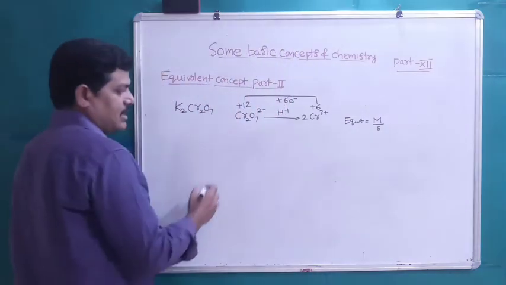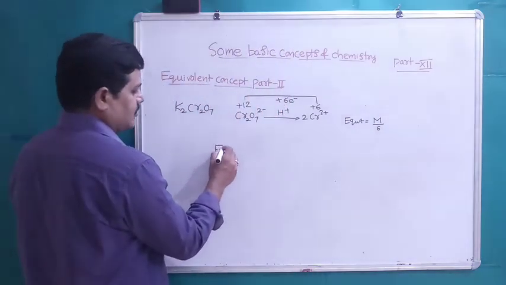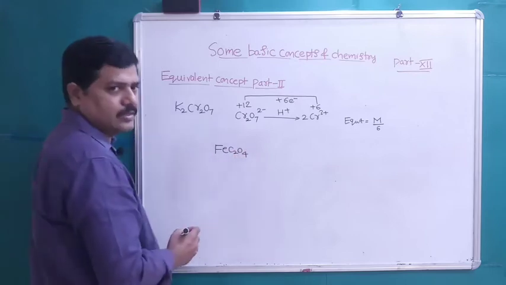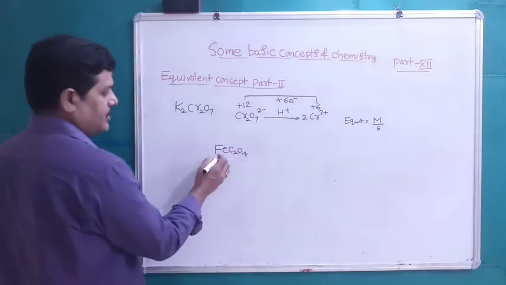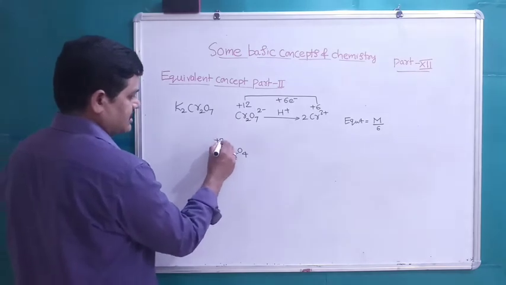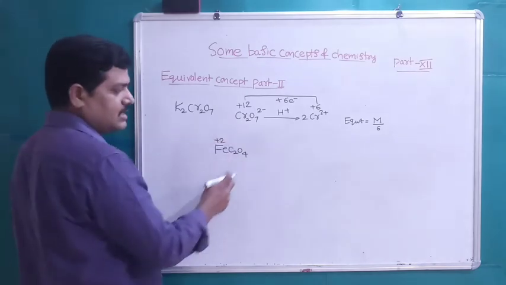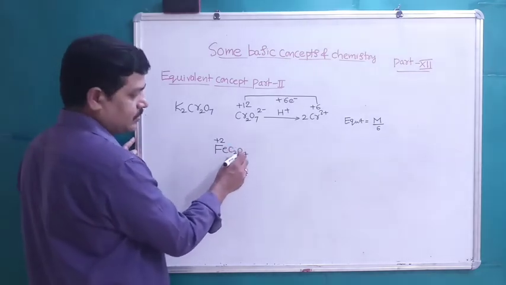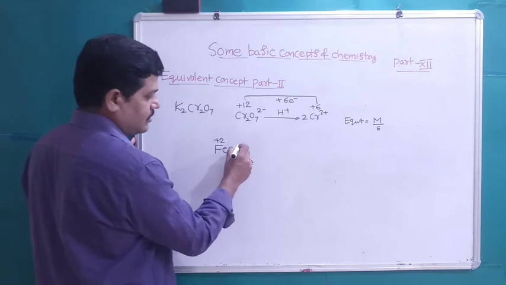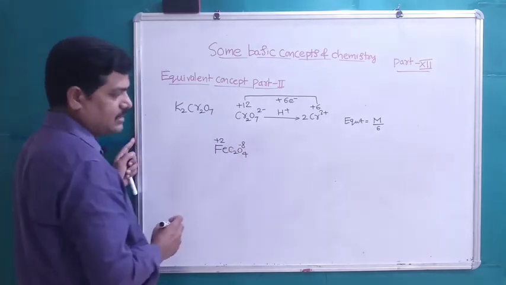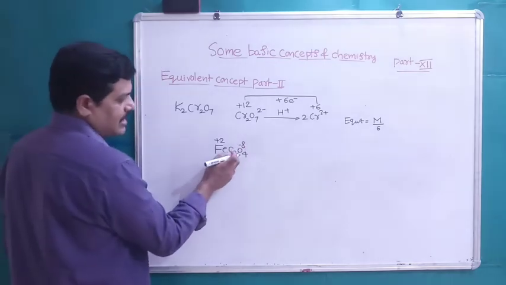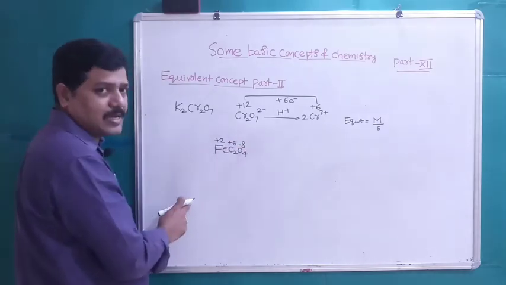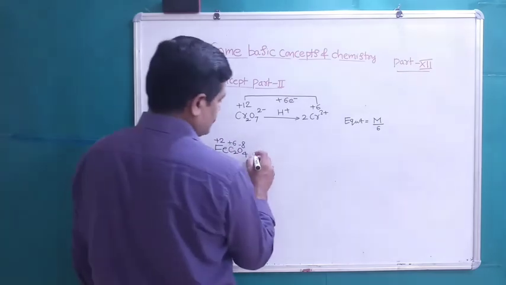Right? Similarly, we will take FeC2O4, ferrous oxalate. The oxidation state of Fe is +2. Then the common oxidation state of oxygen is -2. 4 oxygens are there, so for 4 oxygens it is -8. Then for 2 carbon atoms, the oxidation state is +6.